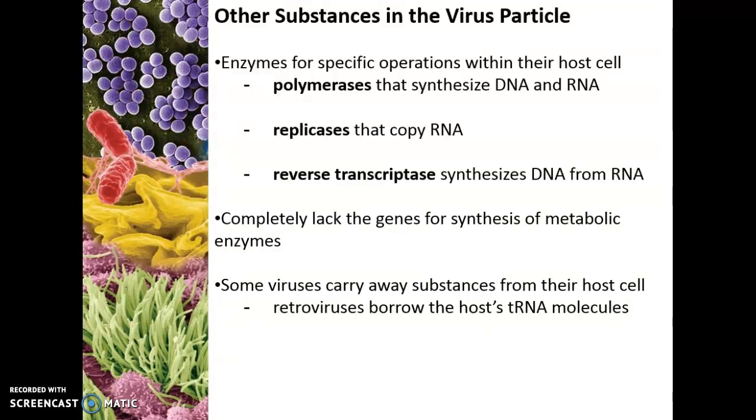And if you remember from hopefully another class, the ending of a word in -ase means enzyme. So replicase is an enzyme that is going to copy RNA. It replicates, and you can use the R to remember RNA.